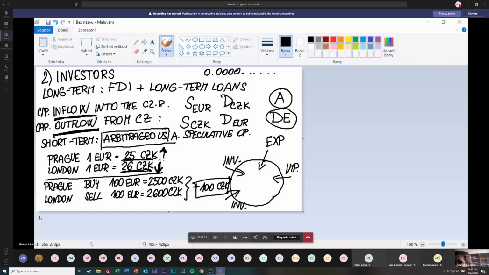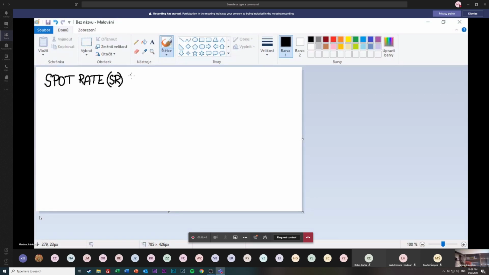What's the spot rate? Please write it. The spot rate is the exchange rate when contracts are done immediately. So contracts are concluded and the currencies are exchanged immediately.